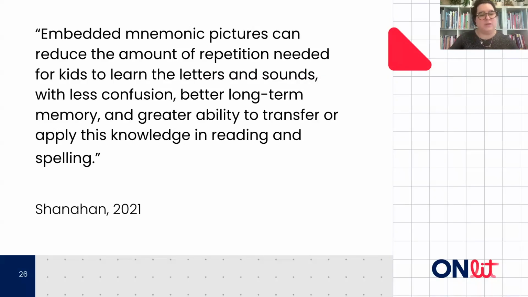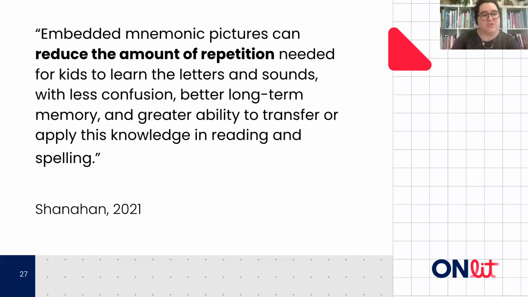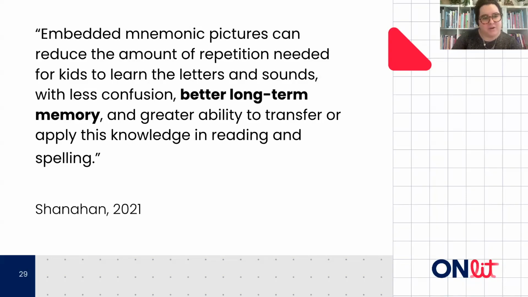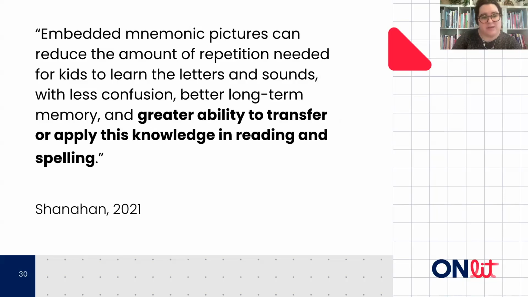And Tim Shanahan really clearly summarizes it when he says that embedded mnemonic pictures can reduce the amount of repetition needed for kids to learn the letters and sounds with less confusion, better long-term memory, and greater ability to transfer or apply this knowledge in reading and spelling.